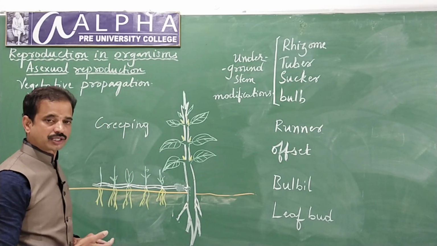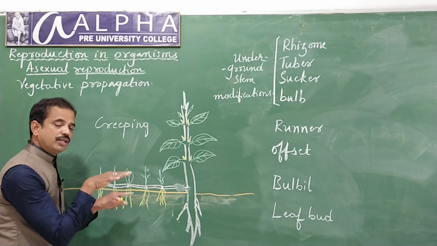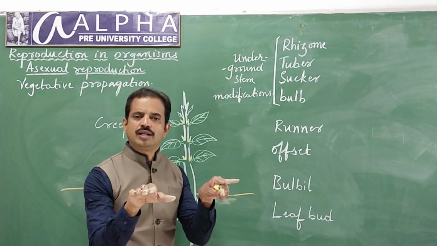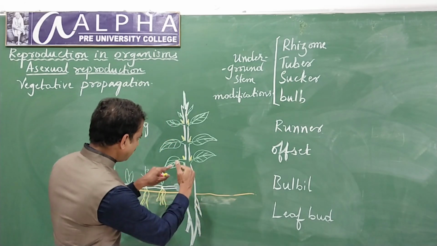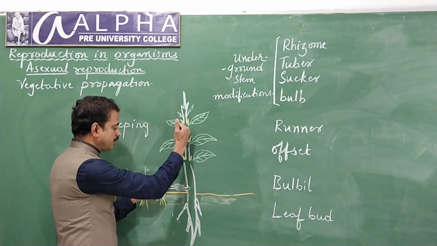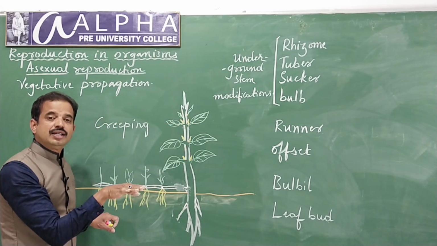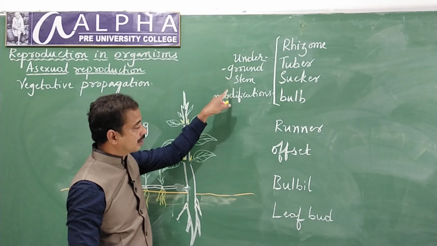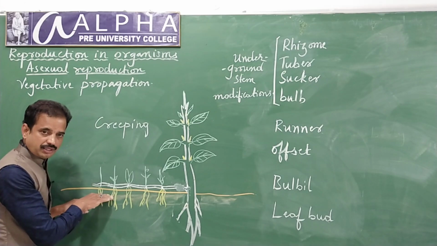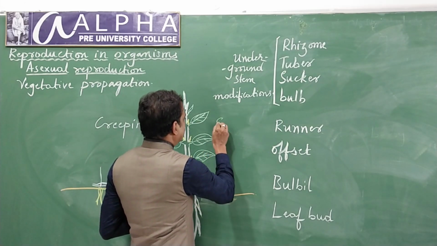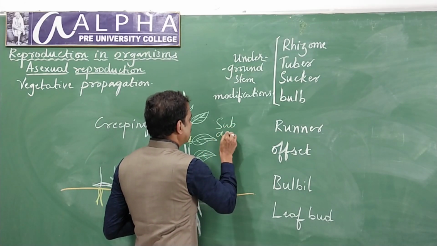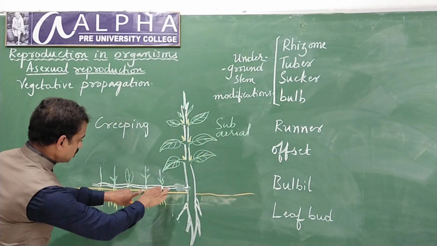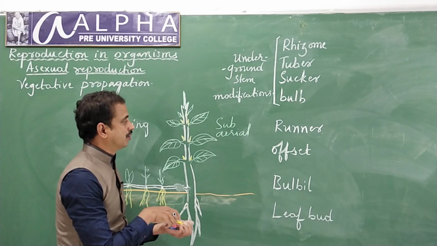It is asexual reproduction, and this asexual reproductive structure, a stem, is present just above the surface of the soil, not within the soil. It is a subaerial modification of the stem. Here you see it is an underground modification, here it is a subaerial part. I write it here: subaerial part. The subaerial stem we call runner.